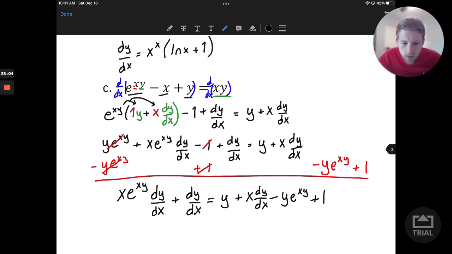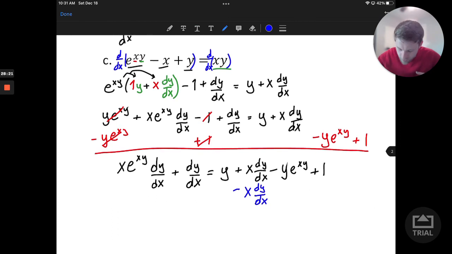And it looks like all we need to do at this point is to subtract x dy/dx from both sides to get our final result. So I'll go ahead and subtract this term, x dy/dx, to group those all on the same side. So that's going to be negative x dy/dx.